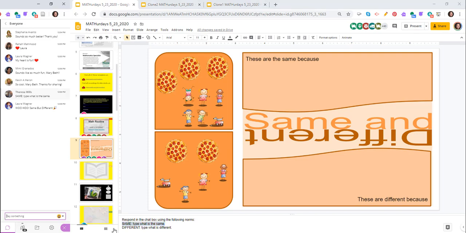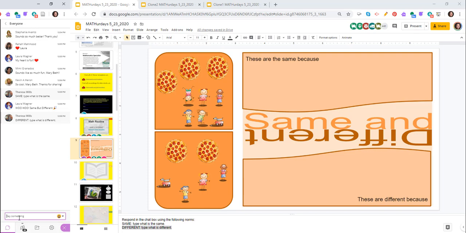I'm going to model that right now. If you see something that is different, you're going to respond in the chat box like this. Different, colon, and the way it's different. And then we're going to also hear people over audio, and we're going to record those audio pieces on the slide here. So let's see how this routine works in an online environment.